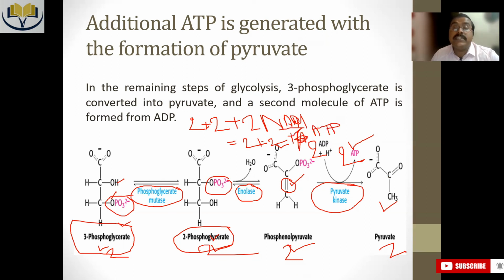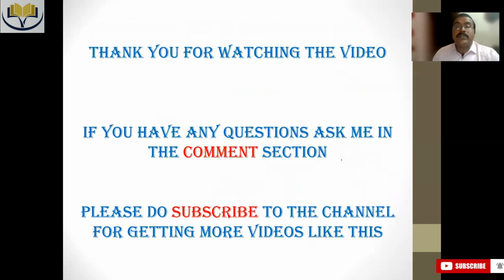So in total, how much ATP is produced? 10 ATP is produced. And how much ATP is utilized? 2. So what is the net gain of ATP in this process? That is 8.